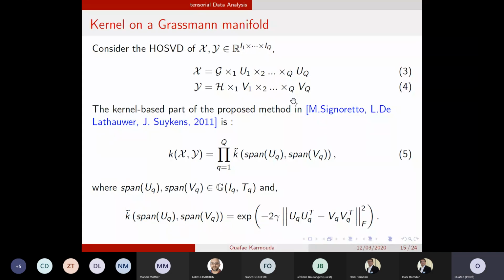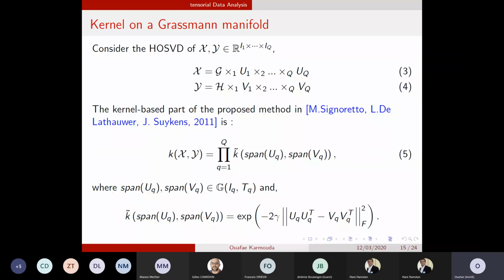So now this idea is very interesting, since it preserves the multidimensional structure of the input data tensors and gives a valid kernel. However, the computational cost of the higher-order singular value decomposition is very expensive, especially when the order of the tensor becomes high.